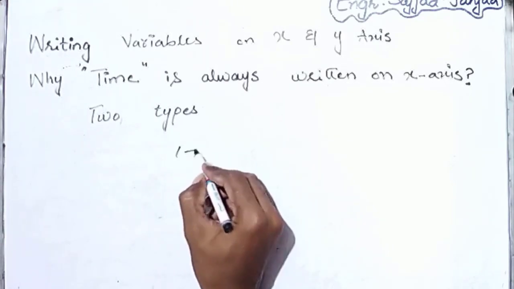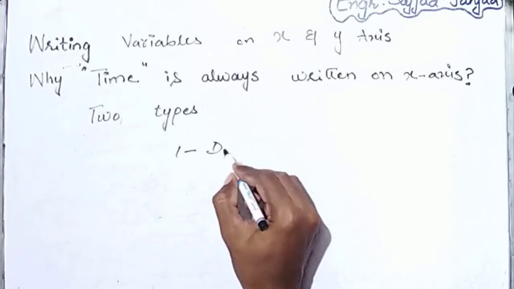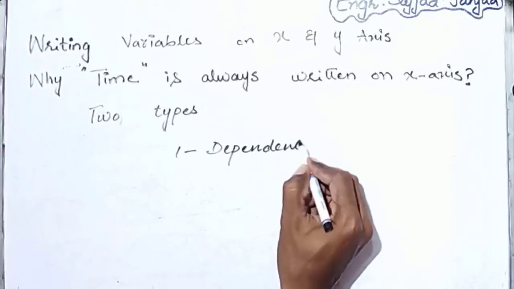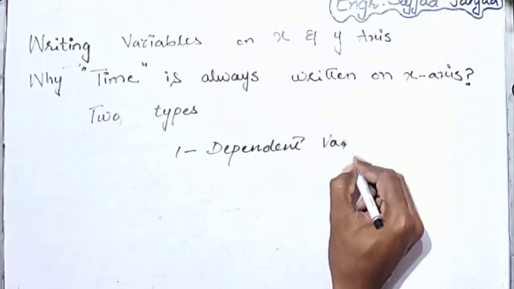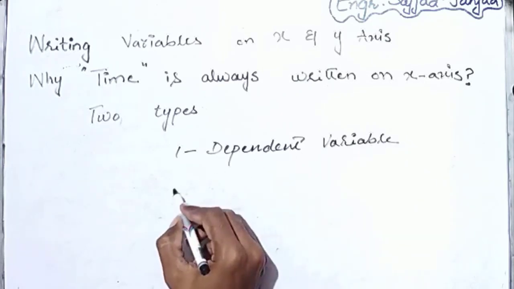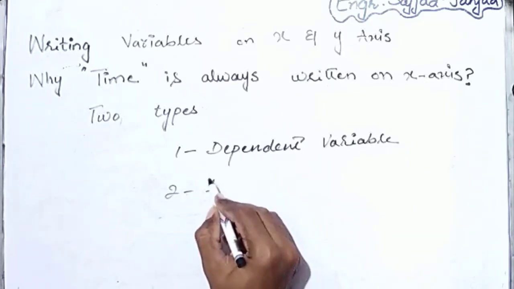The first one is dependent variables, and the next one is independent variables.